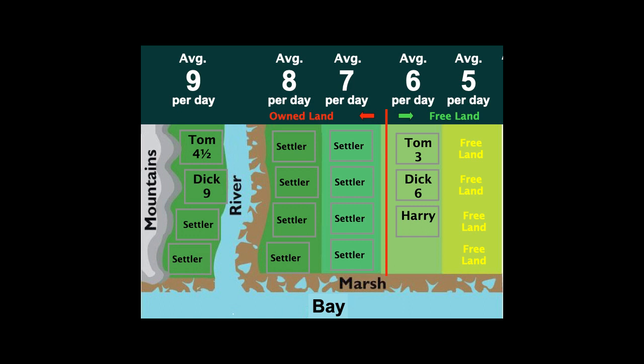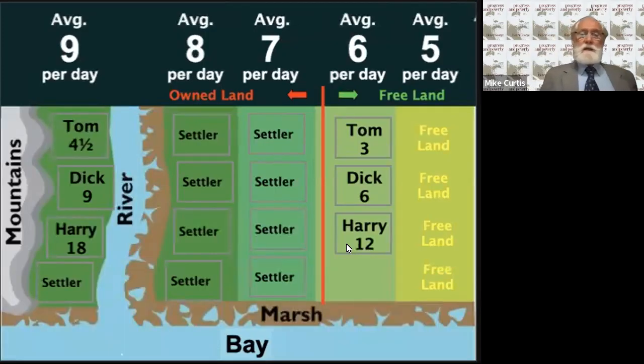She says, well, that's good, but Harry, what about you? And if Harry was the superior worker who could produce double the average, he could produce $12 where the land is free and $18 on the best land. He could say, well, I could pay anything up to $6, but if $2.90 is the highest bid, I'm going to offer $3.